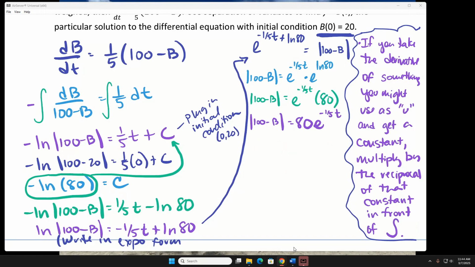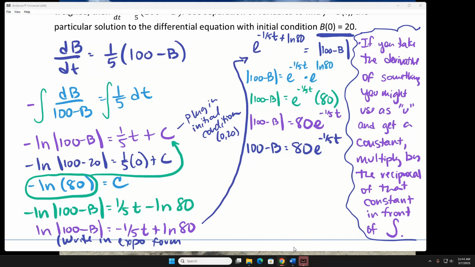Oh, shoot. Okay, sorry. 100 minus 20 equals 80, e to the 0. E to the 0 is 1, and so I do need to get positive 80 equals positive 80. So in this case, we can drop those absolute value bars, and it's only equal to the positive, not the negative.